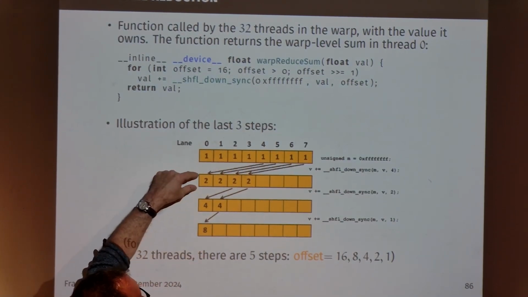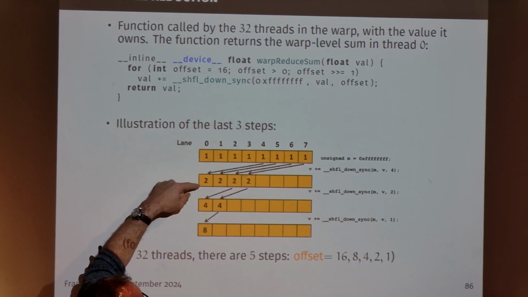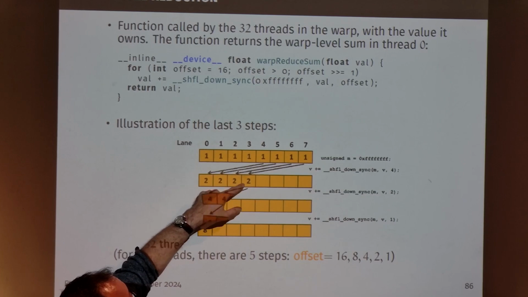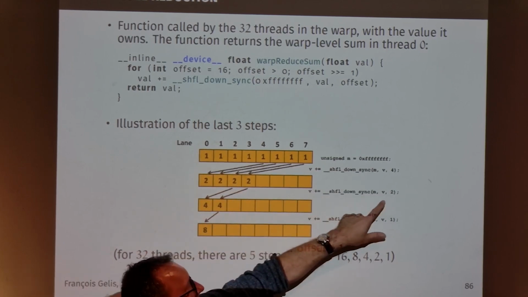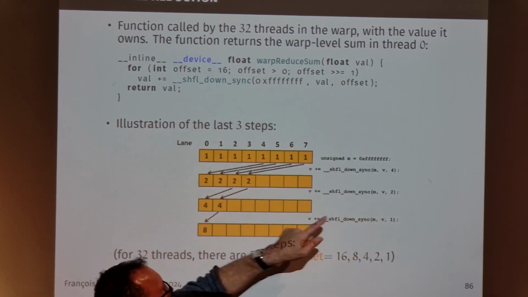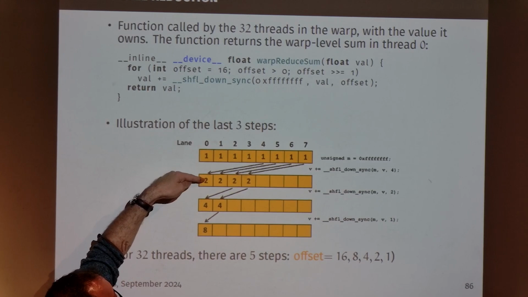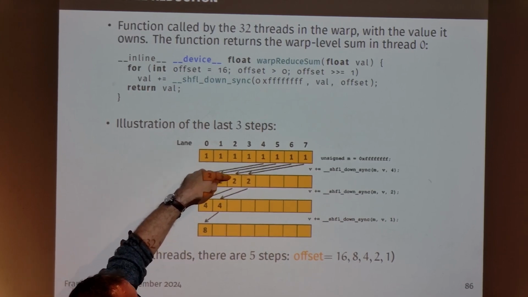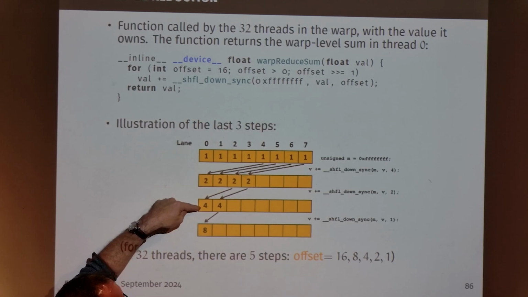Now you reach the second step, or 2 steps from the end, and you have an array with 4 entries, and they all contain 2. Now you call the same function, but with the offset equal to 2. The thread 0 will use its own value and the one located at the offset and add them up.